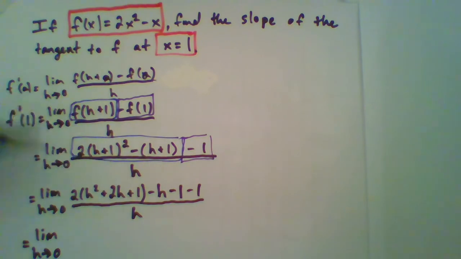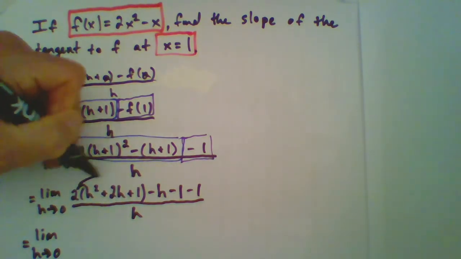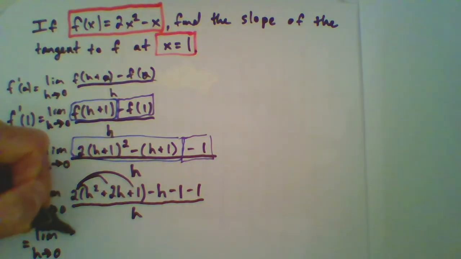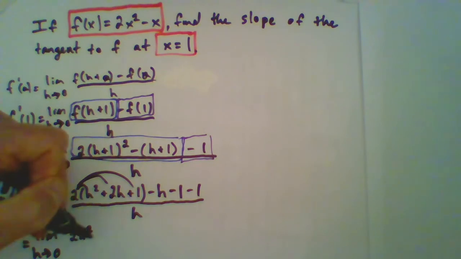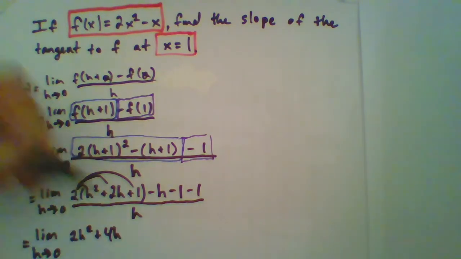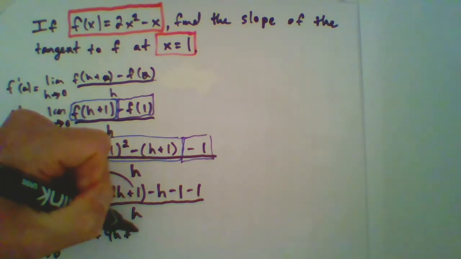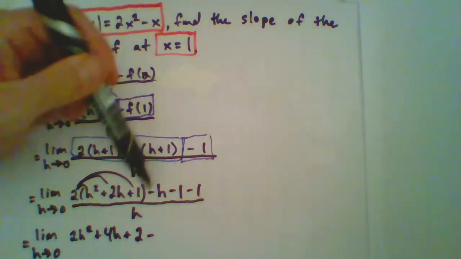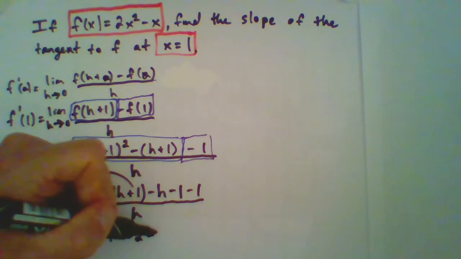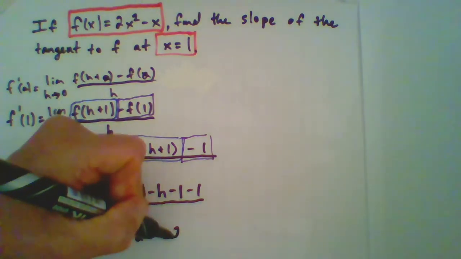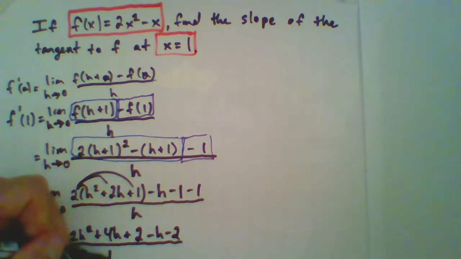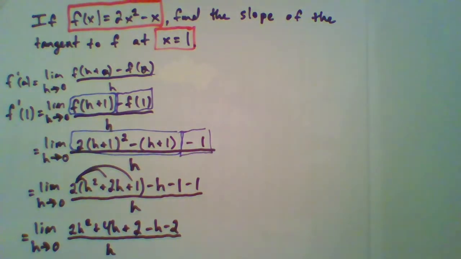If I expand all of this bracket by multiplying the 2 here, here, here, I get 2h squared plus 4h plus 2, minus, and then let's see, all of this stuff, well, that's minus h minus 2. And again, all that over h.